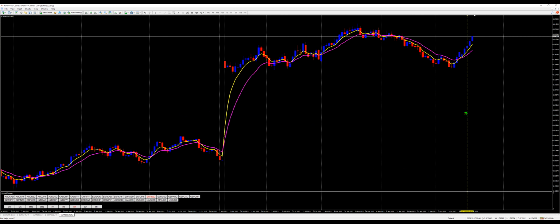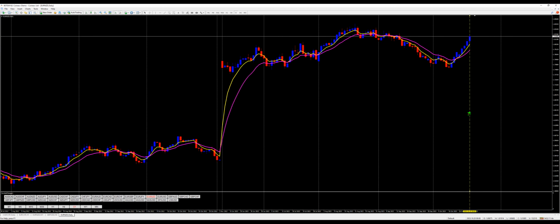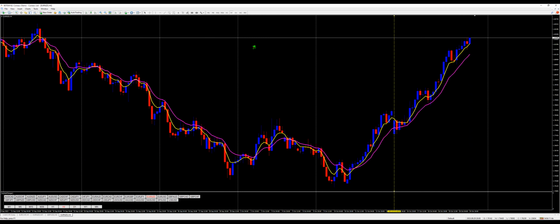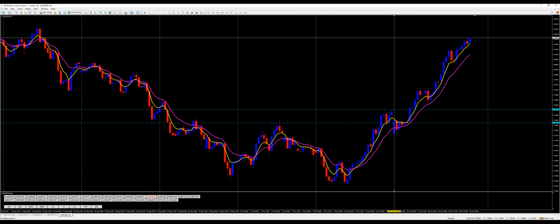Let's mark the 3, 4, 5. So right there is the Monday, right? And you look at the 4 hour and you say, okay, let's say my entry is up here. And my stop loss, once I get that trade, would be down here, right? So that's a 70 pip stop loss.